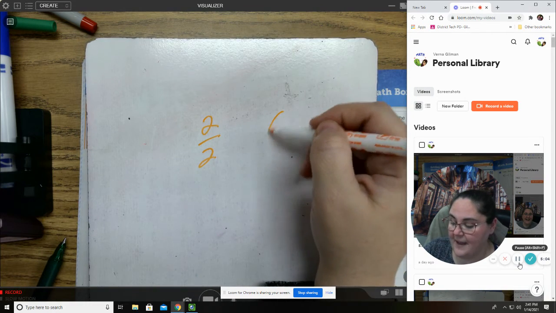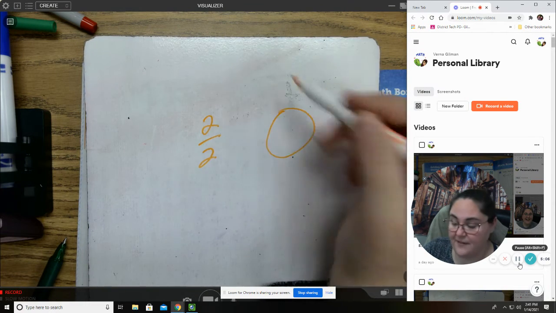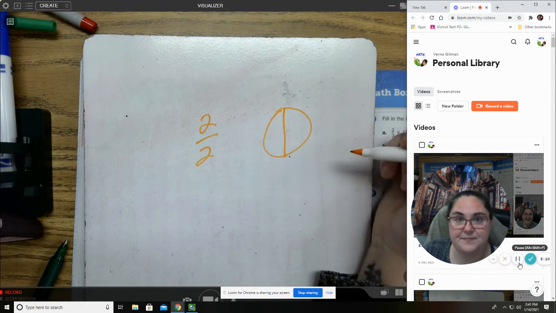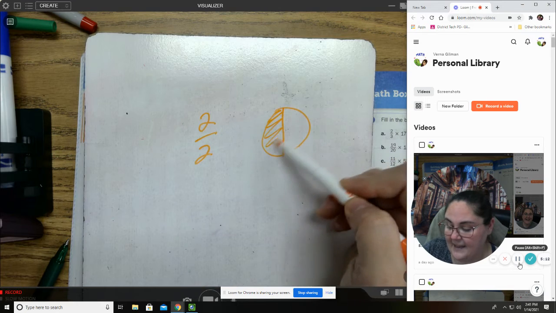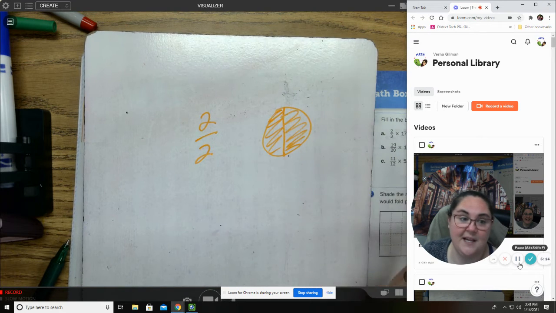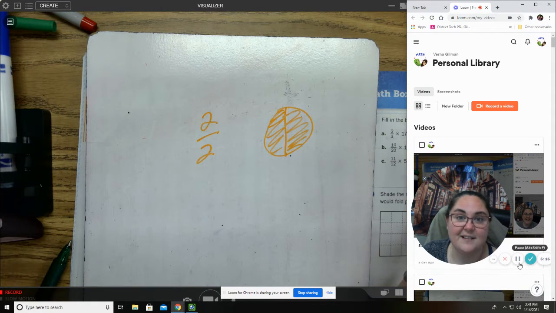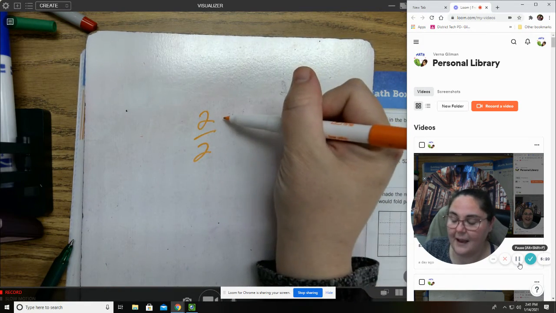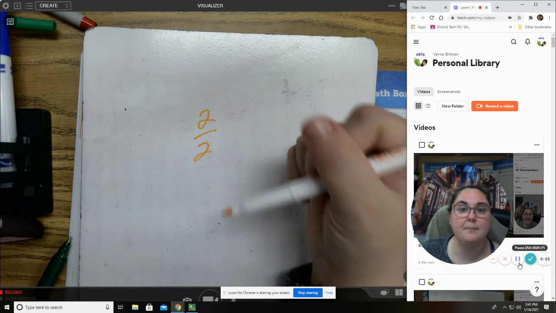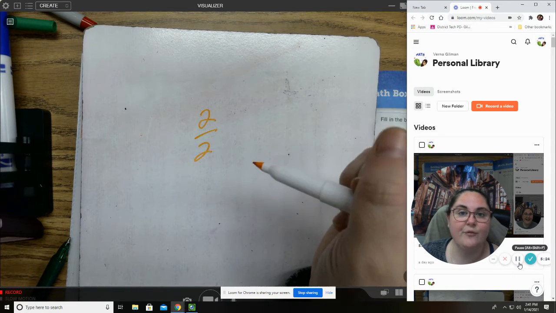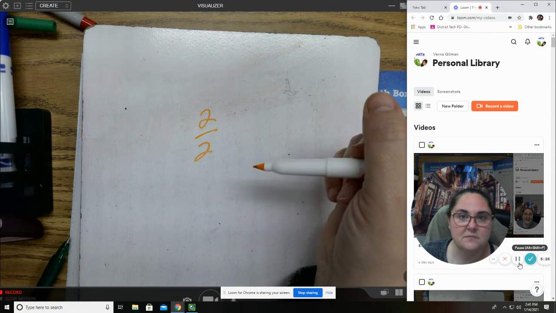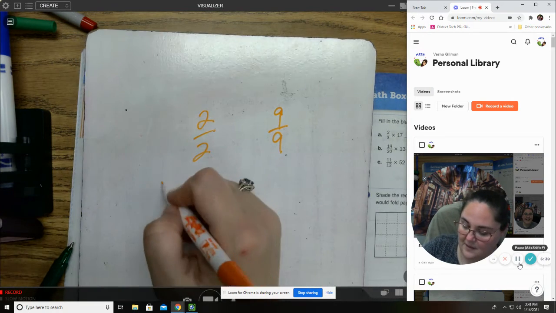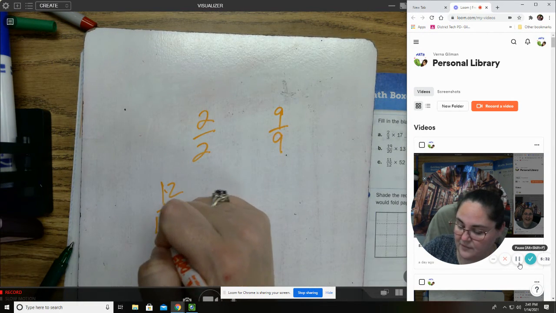That means if I have a pizza or a cookie, and I cut it in half and I eat 2 halves, I ate the whole cookie. So anytime your numerator and your denominator are the same number, your fraction is equal to 1. So 9 over 9. 12 over 12.